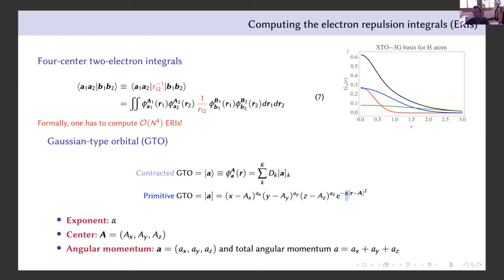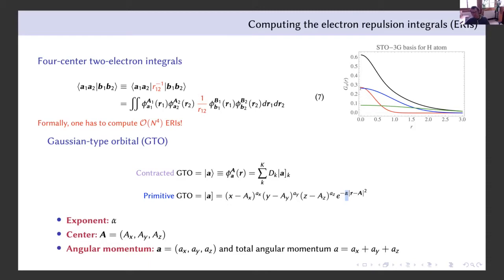So what you can see here is that your contracted basis function is the combination of three primitive Gaussian functions, and they have different exponents. You have, for example, the red one, which has the largest exponent. It means it's tight, and most of its value is at small r.